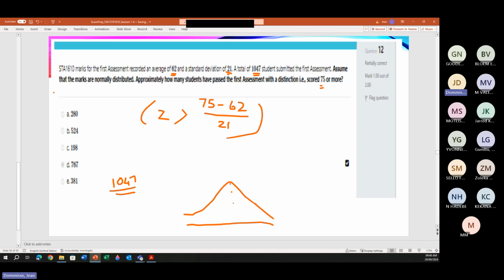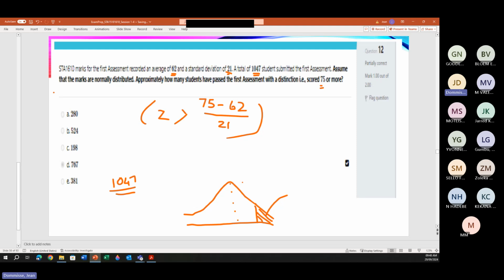So what we need to do is get this area, and then that area times 1047 will give us how many students are in this component.